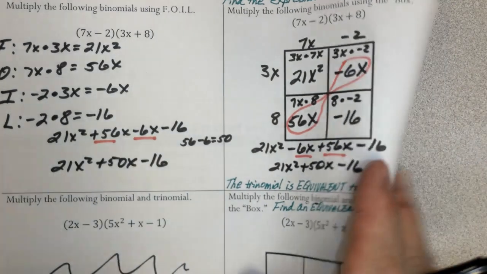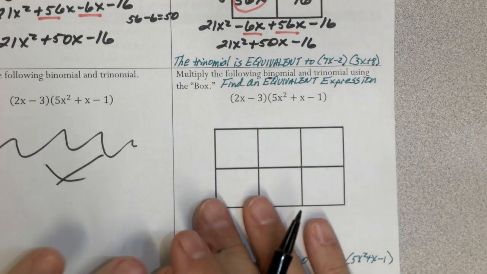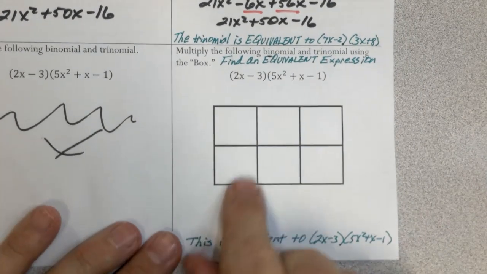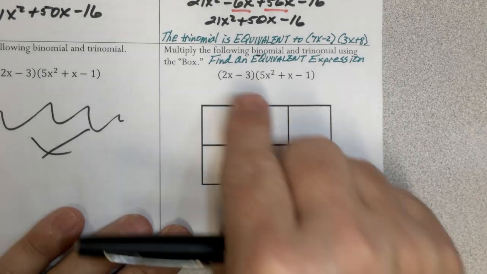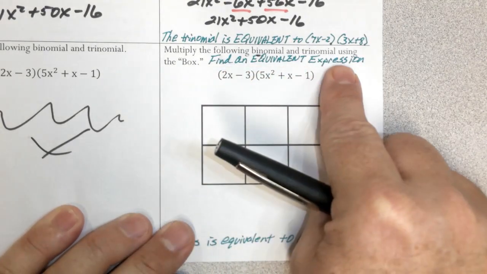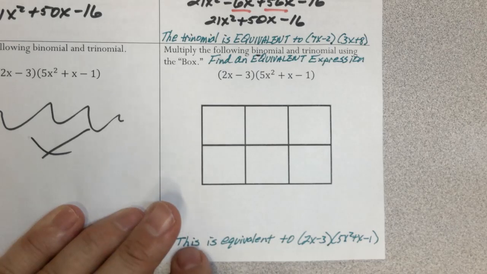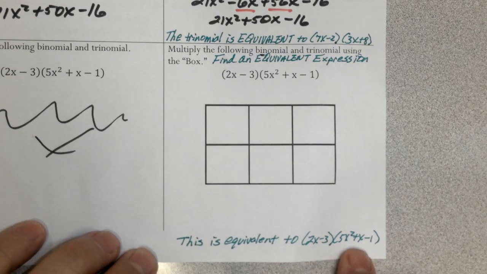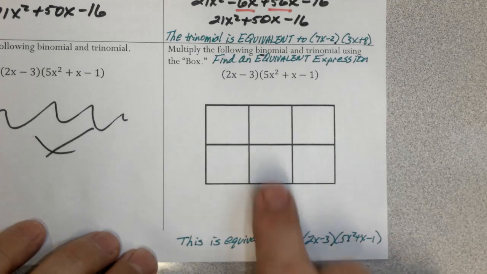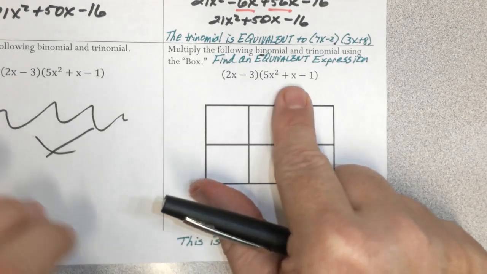Alright, so next, sometimes you're going to see multiplying a binomial times a trinomial. So again, pause the video and write this statement down right here, and then write this statement down right here. So go ahead and pause it. Alright, so let's talk about how we multiply a binomial times a trinomial.